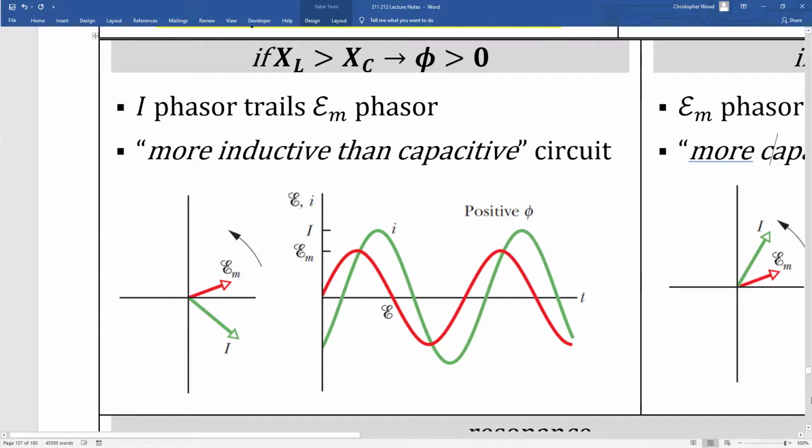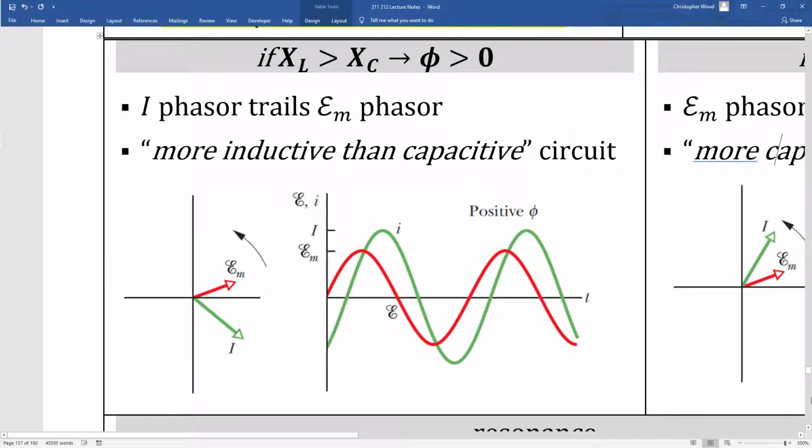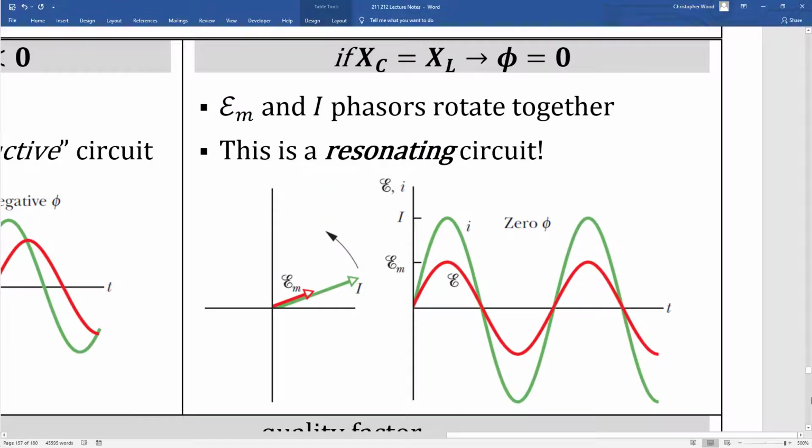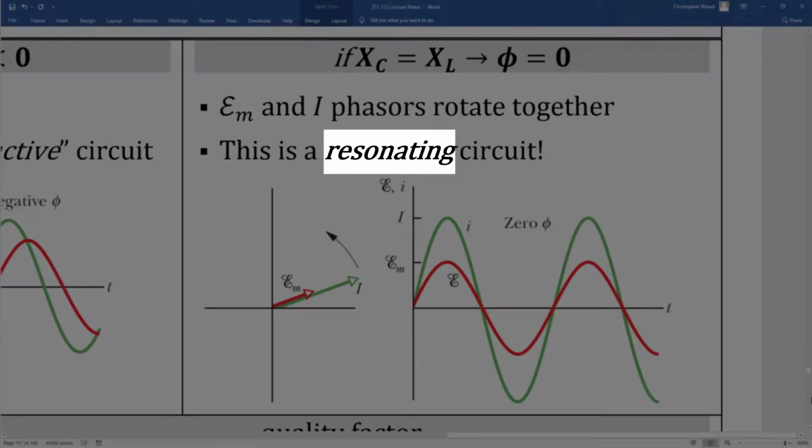If the inductor's reactance is greater than the capacitive reactance, the phase angle is greater than 0, and we say this is a mostly inductive circuit. If the capacitive reactance is greater than the inductive reactance, the phase angle is less than 0, and we say the circuit is more capacitive than inductive. If the capacitive reactance equals the inductive reactance, the circuit's phase angle phi equals 0. This is a special situation known as resonance.